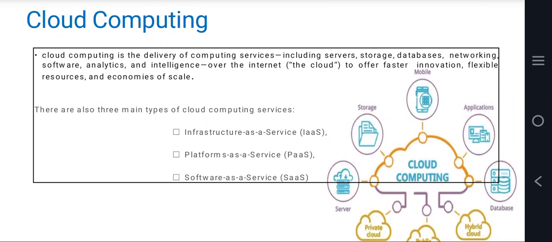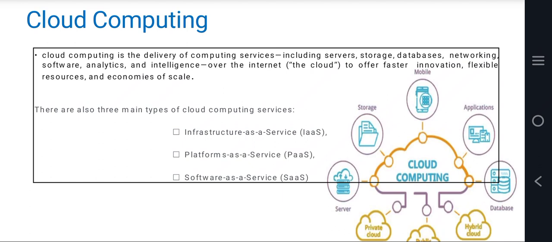The second technique is cloud computing, which is the delivery of computing services, which includes servers, storage, databases, networking, software, analytics, as well as intelligence over the internet, which is represented as cloud here, in order to offer faster innovation, flexible resources, and economies of scale.